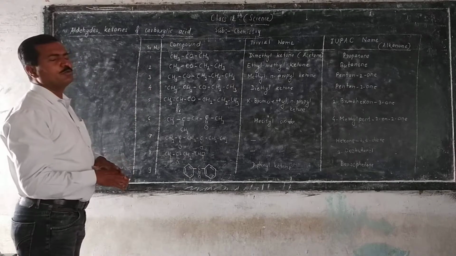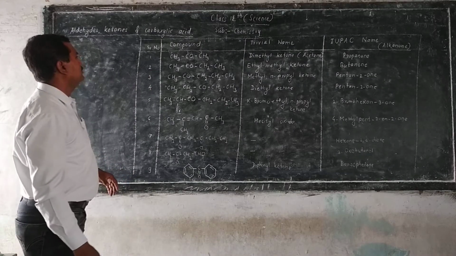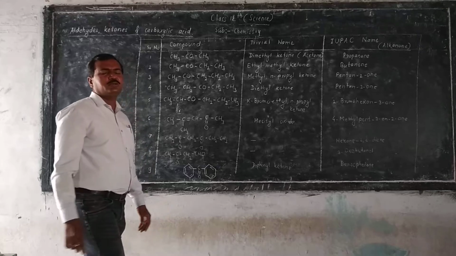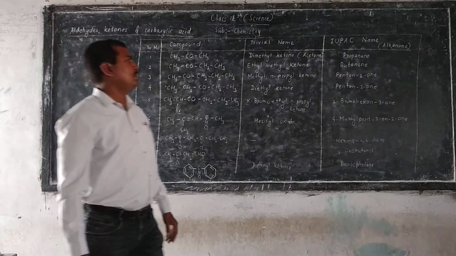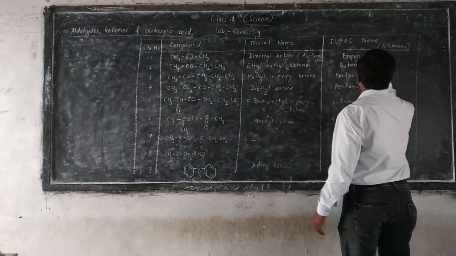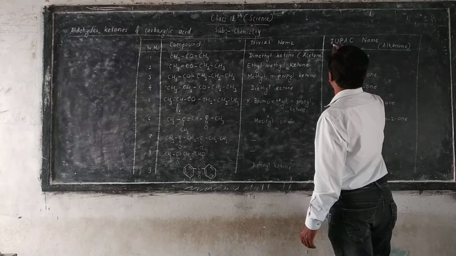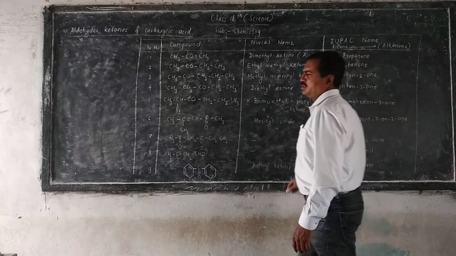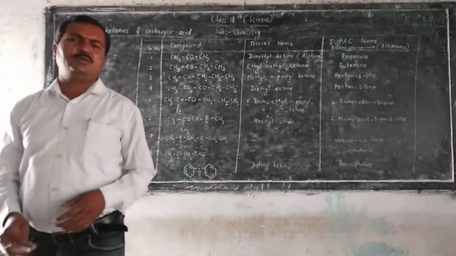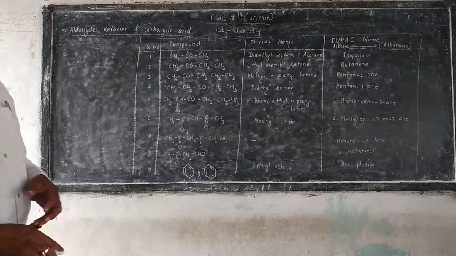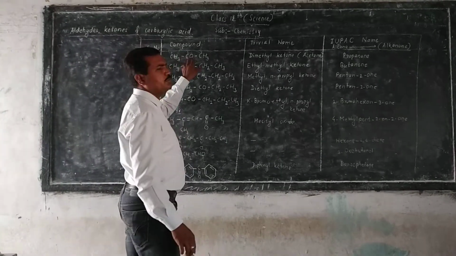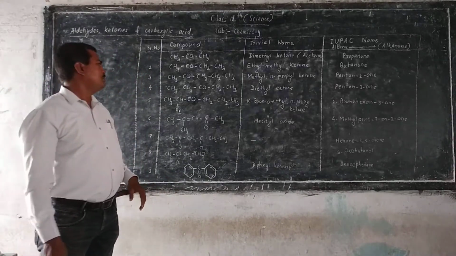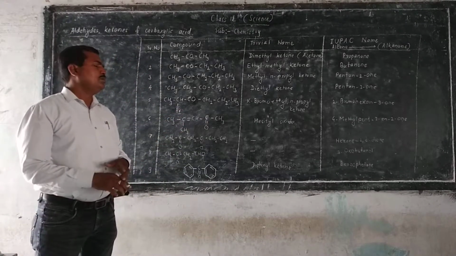The total number of carbon atoms in the longest chain is 3, so the parent alkane name is propane. Now replace the letter E by ONE, so alkane becomes alkanone. So it is propanone.